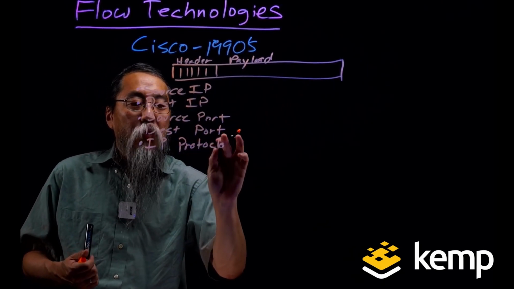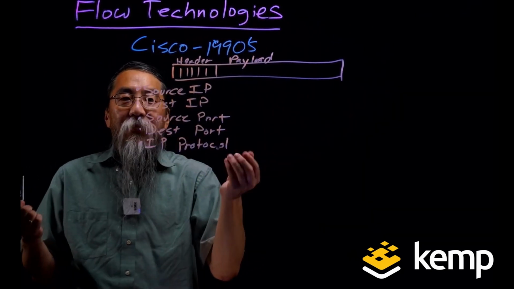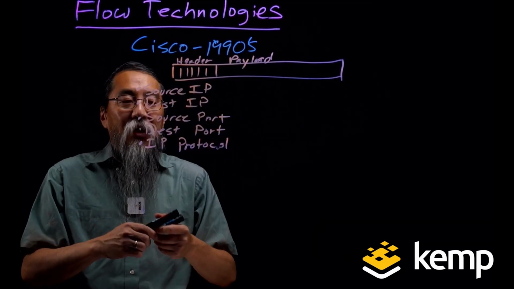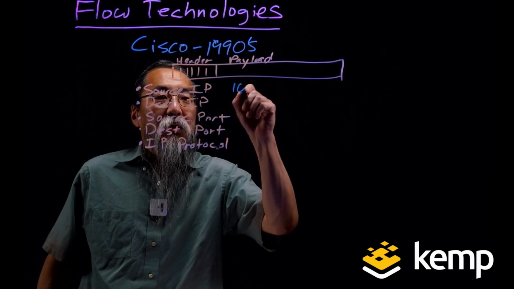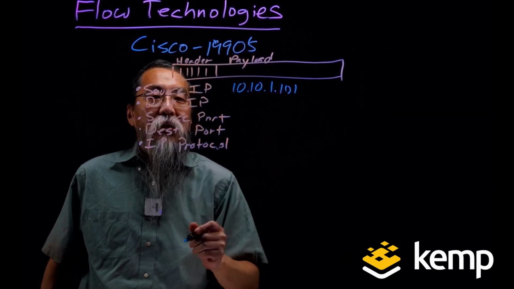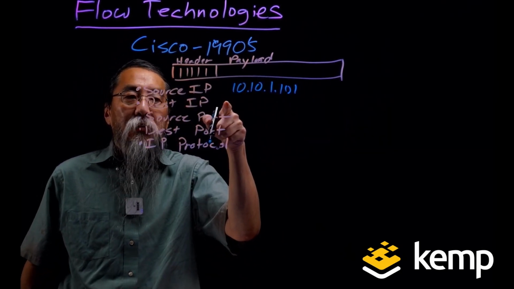So for example, if I'm looking at a packet and looking at the information that we see in the header of these fields, I might see a source IP of 10.10.1.101. That's my client. My destination IP is the server.